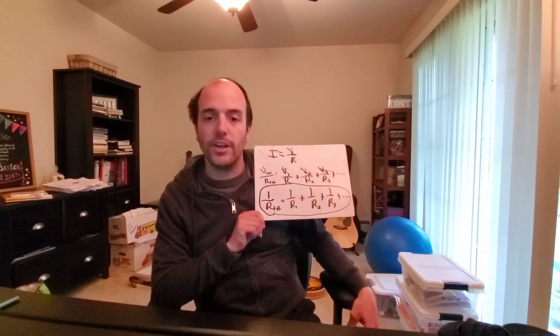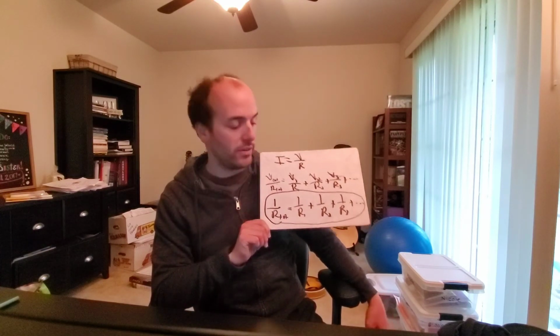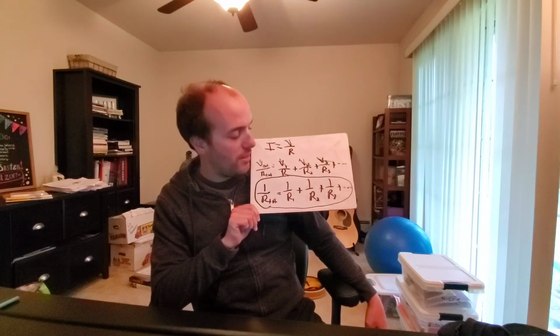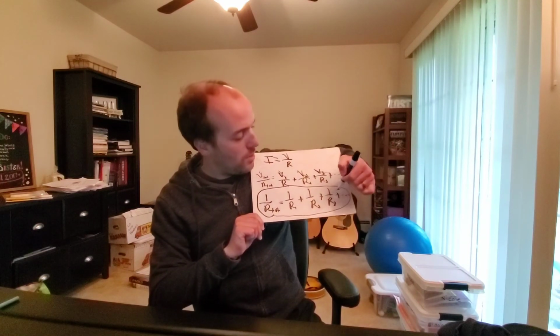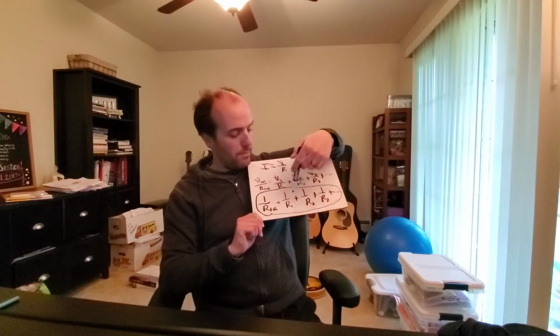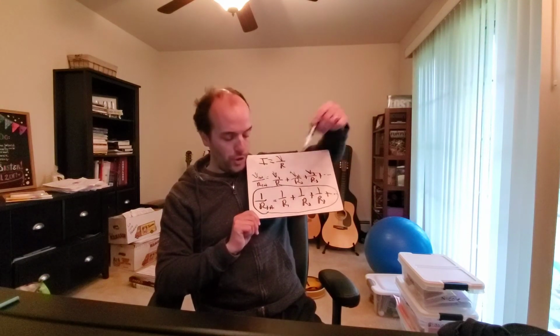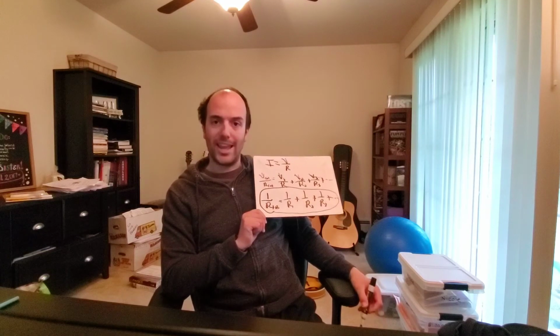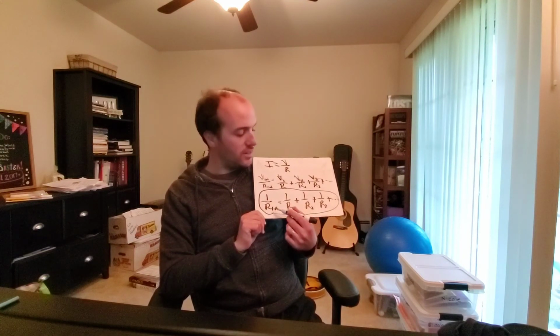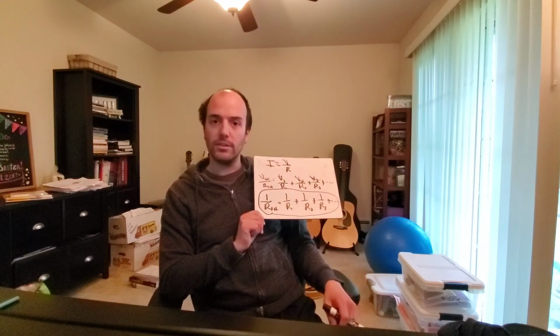There you go. There's how you find the total resistance, or the equivalent resistance, in a parallel circuit. The way this works is the more resistors you add in parallel, the lower your resistance overall will get. The lower your resistance, the more current you have.